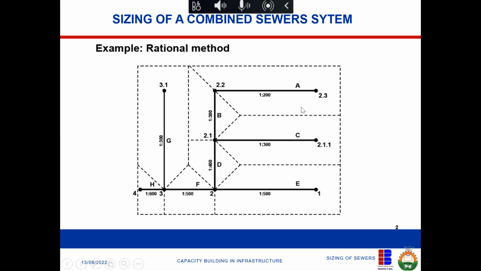This is the conduit that will conduct all the water falling in catchment A. This is the one conducting water from catchment C, and so on. So the conduits will bear the same name as the catchment. If I say this is conduit A, it's also catchment A, though this dotted line will not be catchment A. It's the same thing.